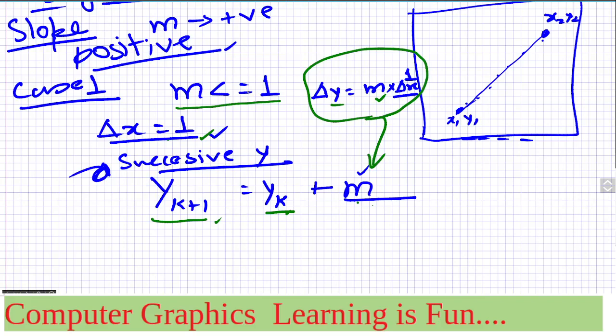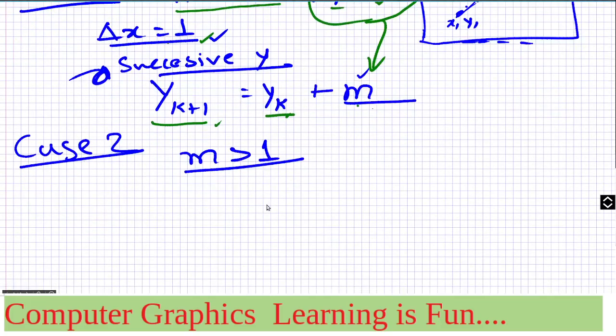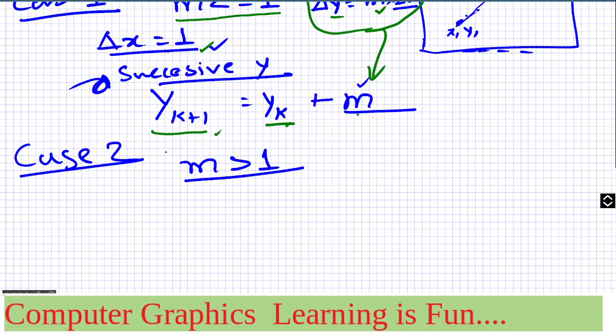Now suppose we have case 2: in this case m is greater than 1. Then what will happen? We will change the role. We will keep delta y as 1 and calculate the value of x.